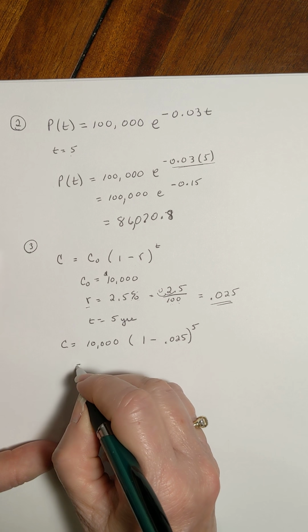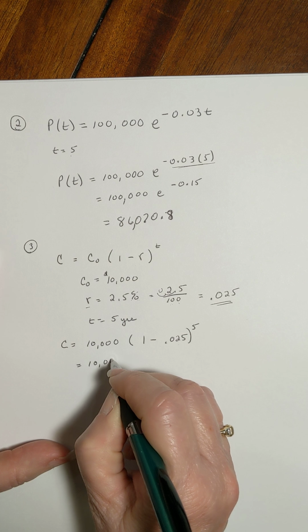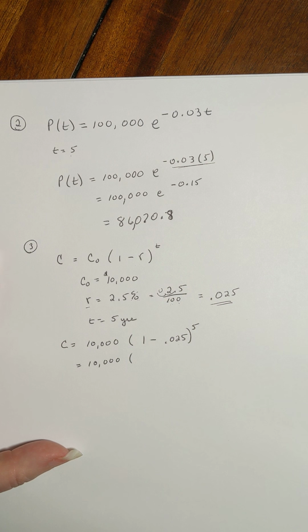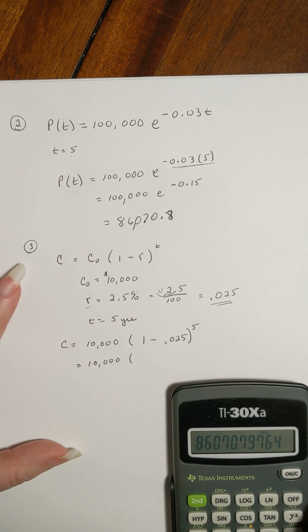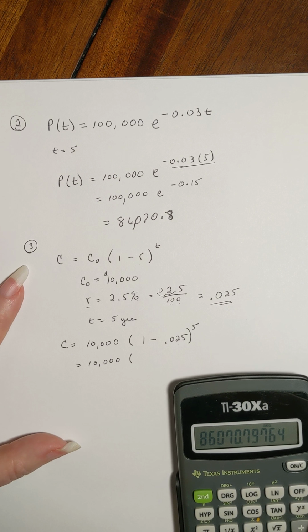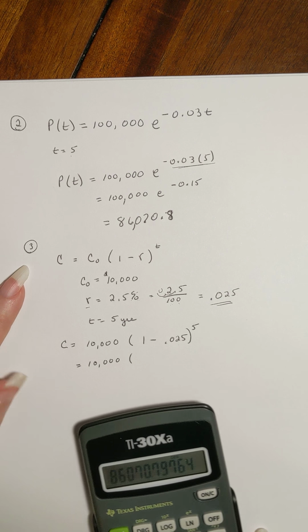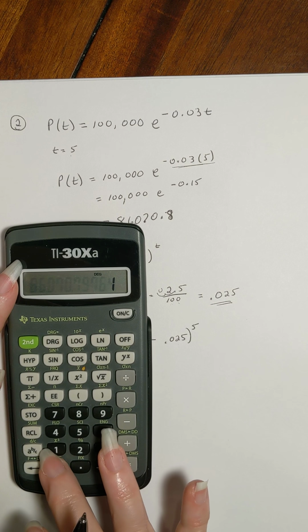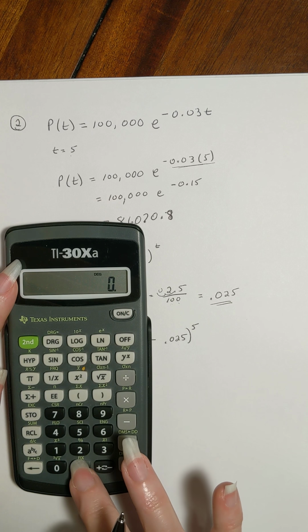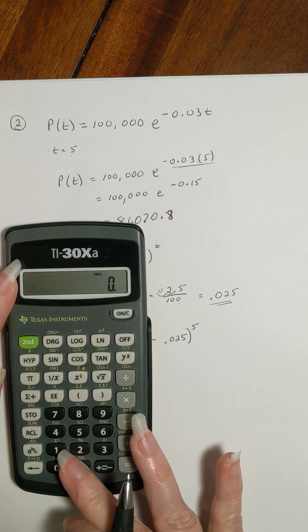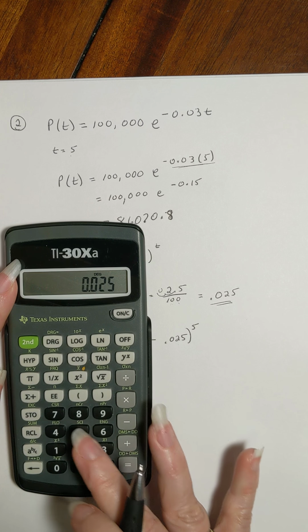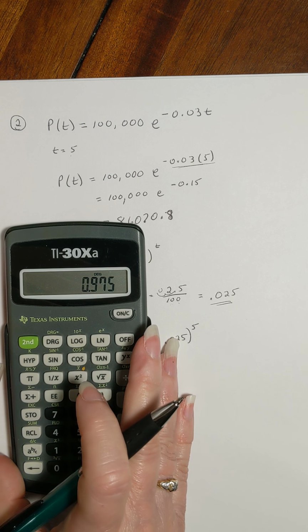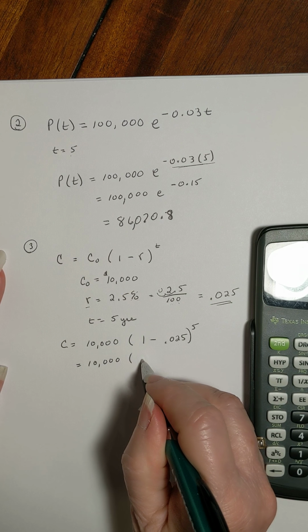And so I'm going to do a little bit of the calculations here first. Well, you can just do it, but I'm going to do it a little bit at a time. So I'm going to do 1 minus 0.025 gives me 0.975.